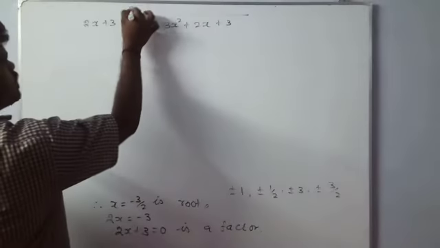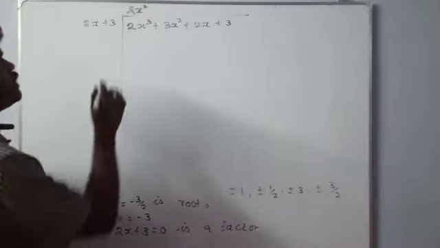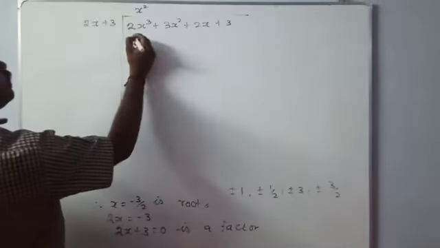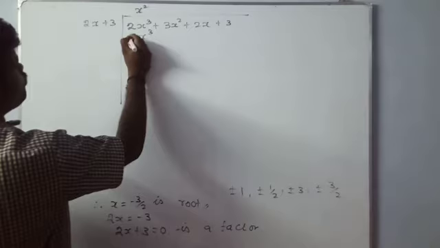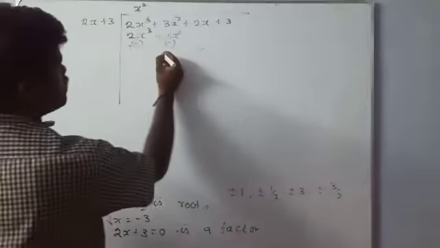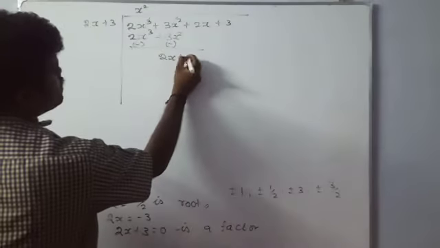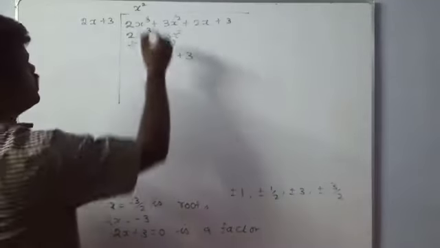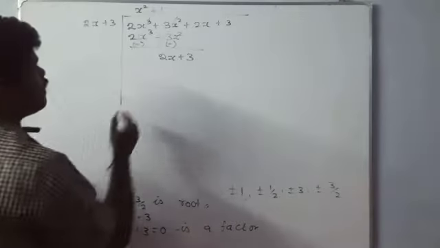The first term is what? 2x squared divided by 2x gives x squared. x squared into 2x is 2x cube, and the other term is plus 3x squared. Both terms cancel. Then take 2x plus 3, and these two terms come downward. And what is the value here? Plus 1.